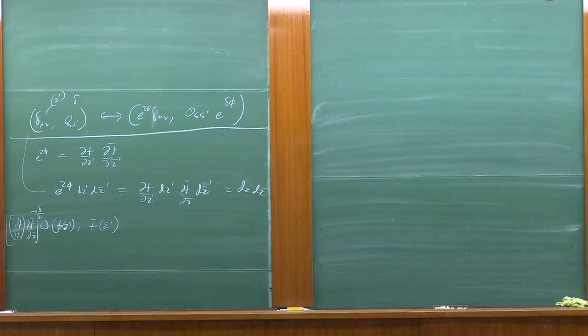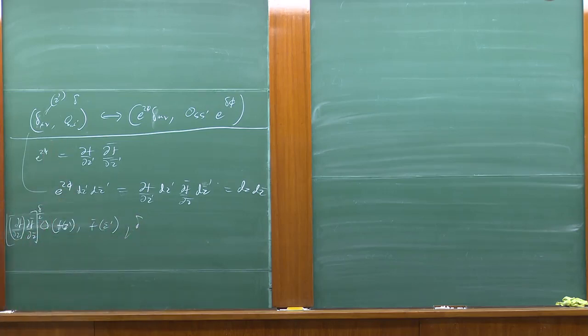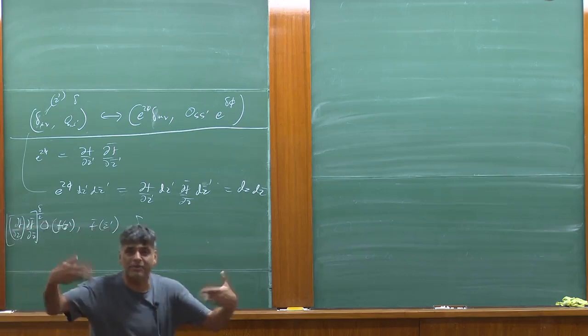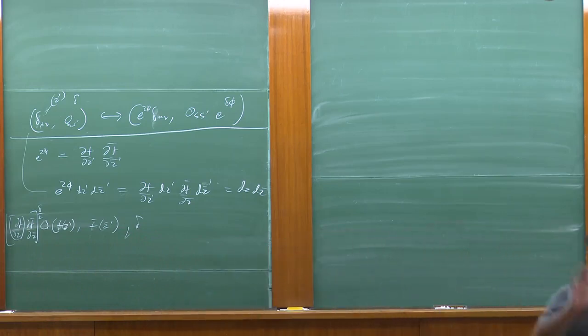And the metric delta was equal to delta with that. So this was the case when O had no indices, the case we studied before.